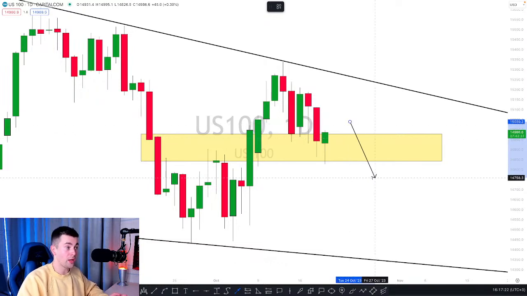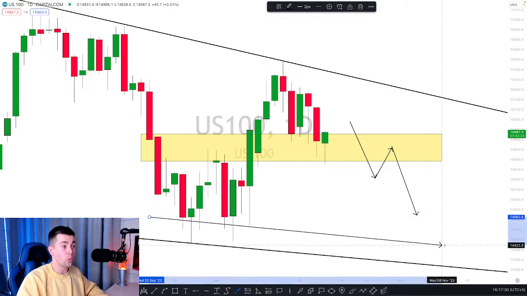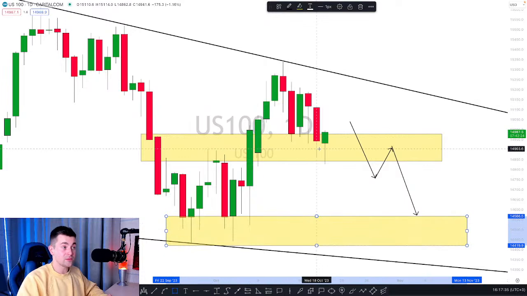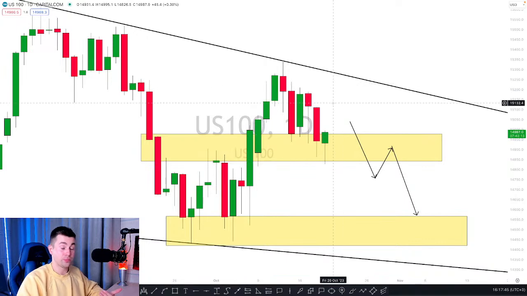If the price violates that support, if the price closes below that on a daily, that will be a strong bearish signal that will push the prices to the current lows. So pay attention to that support and remember that this breakout will be a strong bearish signal. At the same time, that yellow structure for now still holds, and from that, the bullish movement may easily initiate.